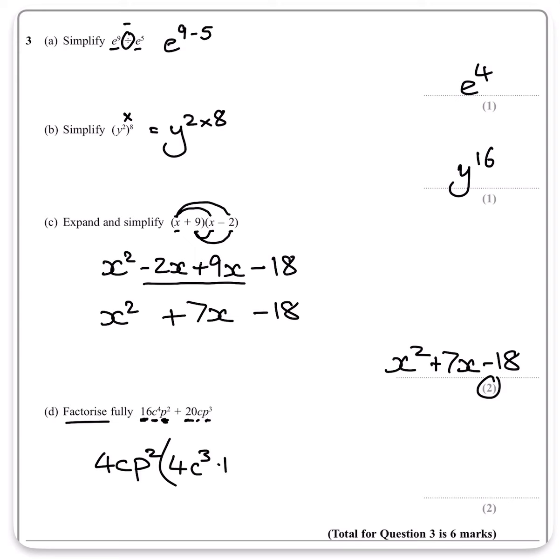So on to the second term, plus 20 divided by 4 leaves me 5. c divided by c, once again, eliminates completely. And p cubed divided by p squared leaves me 1p in there. So altogether, there is my answer. 4cp squared, and then in my brackets, 4c cubed plus 5p.